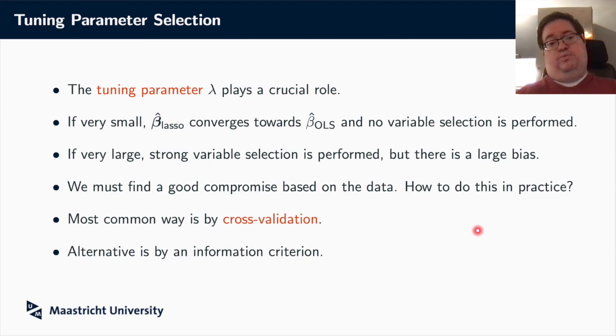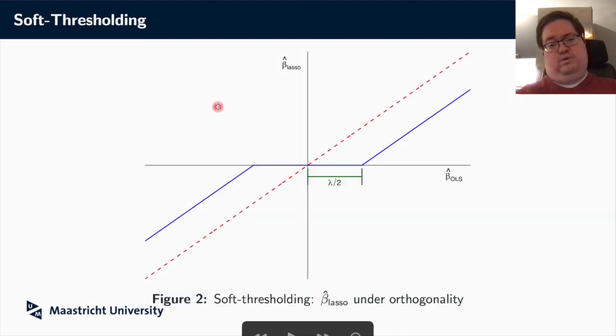Of course, what we still need to do is analyze what theoretical consequences this has. But before we do that, let's move a bit to this parameter lambda, because this of course plays a crucial role. When we go back to the graph, if you make lambda very large, right, so you put it here somewhere, that means you will put the lasso coefficients very likely equal to 0.